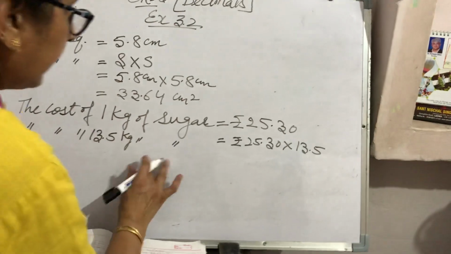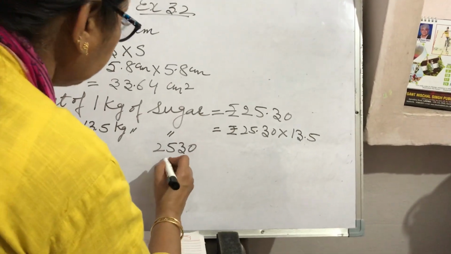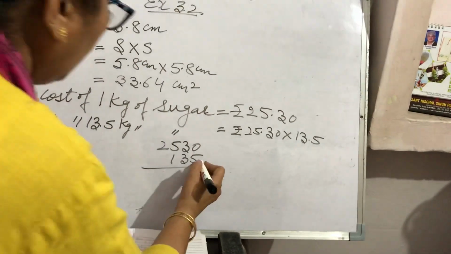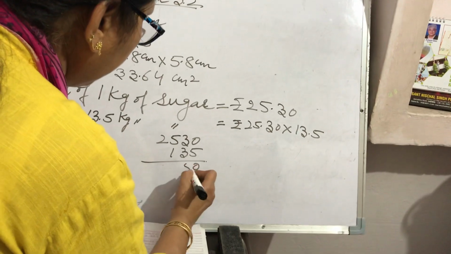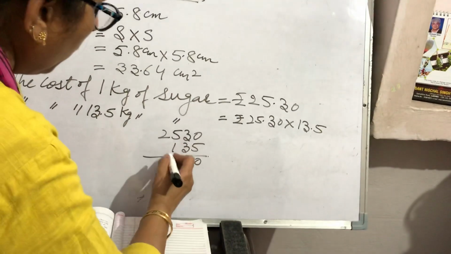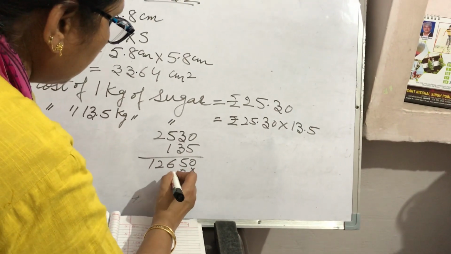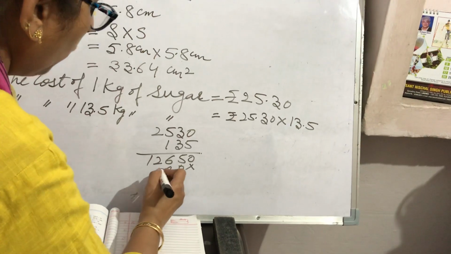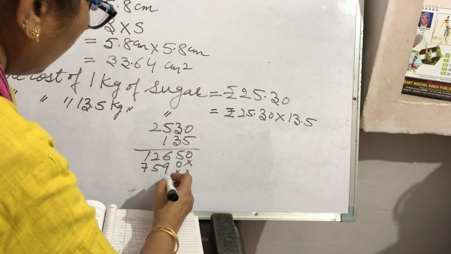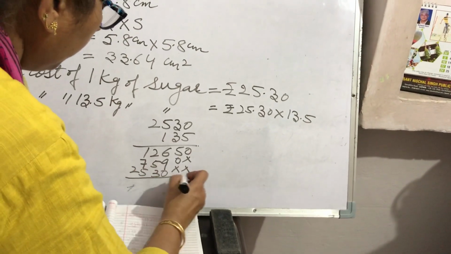So we'll multiply 253 with 135. 5 zeros are 0, 3 5s are 15, 1 25, 6 2s are 12. Then 3 3s are 9, 3 5s are 15, 1 6 and 7. Then 0, 3, 5, 2. Now add them.